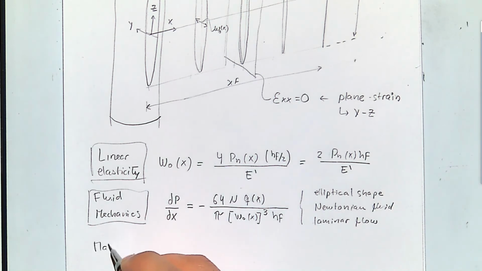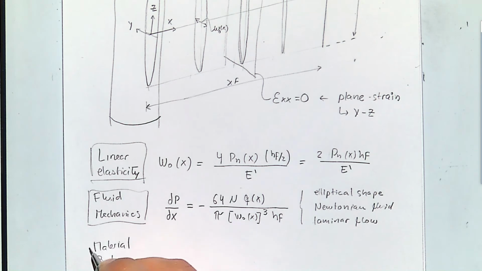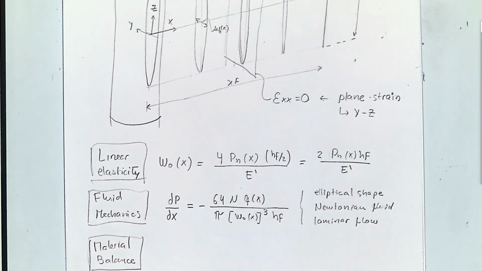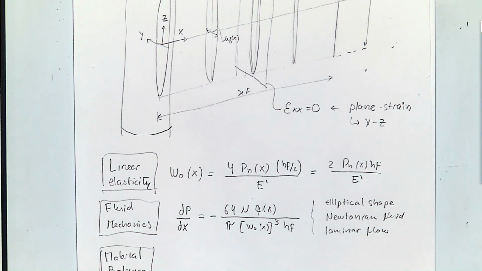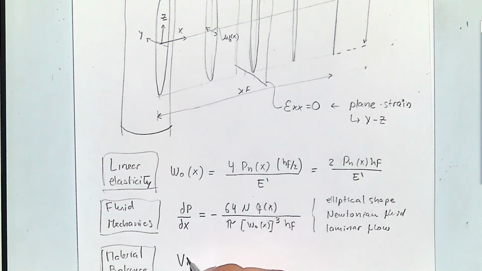Next thing that we're going to do is material balance. In material balance, basically we account for where the injected volume goes.